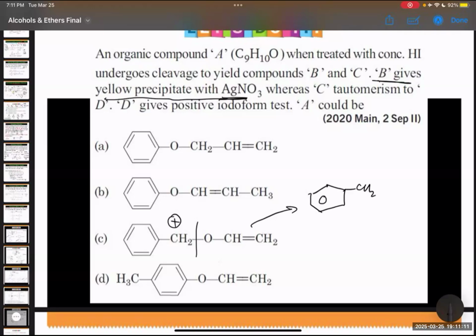So CH2I, and this one OH, but this will tautomerize. It is going to form CH3 C double bond, because that is more stable. It gives a positive iodoform test. Yes, that is true, so this is the answer. Got it?